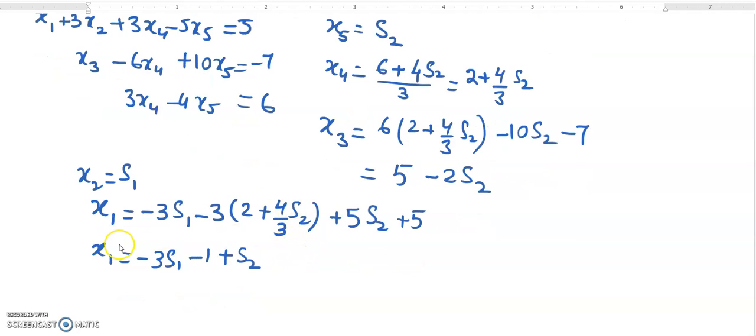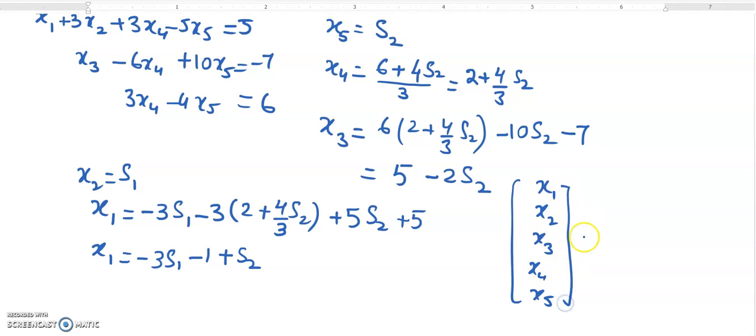So now we have these solutions in the form of x1, x2, x3, x4, x5. We can represent it in the form of vectors. For example, we have this solution x1, x2, x3, x4, x5, which is a 5 by 1 column matrix, or 5 by 1 vector.